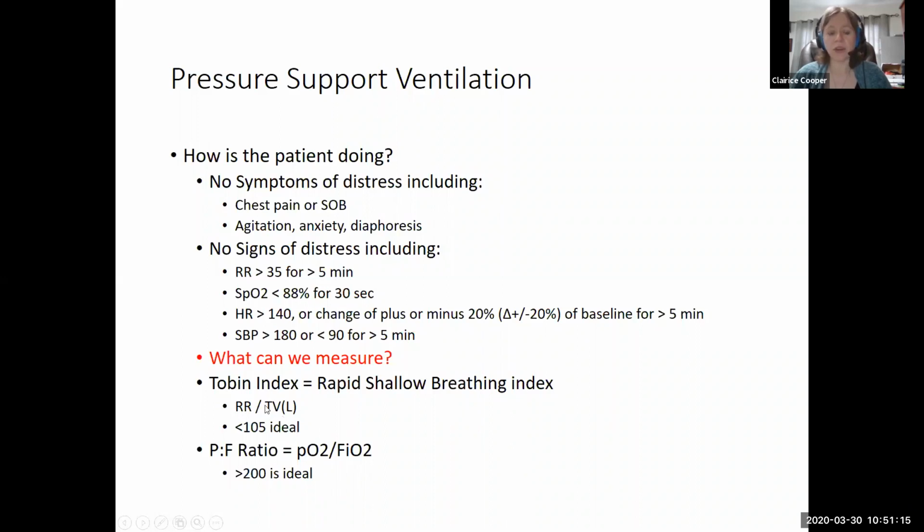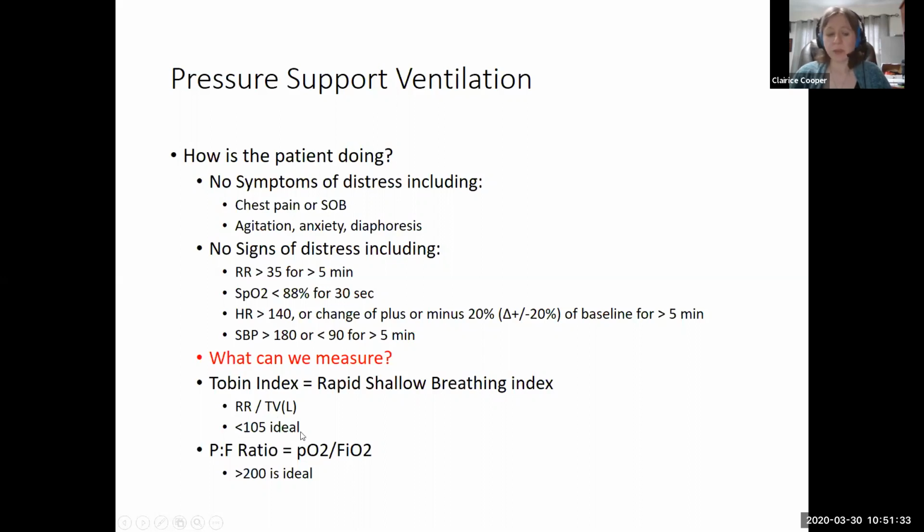So we want a low numerator and a higher denominator. And in Tobin's original paper, 105 was set as a relative cutoff. Does that mean they will fail if it's 106 and they will fly if it's 104? No. This is just a guide.